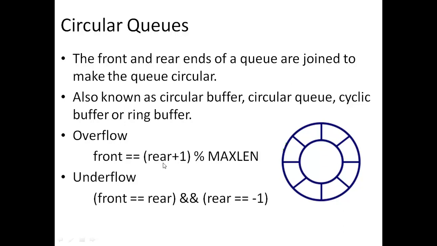For overflow, we are checking if front equals (rear plus 1) modulus maximum capacity of the queue, and for underflow we are checking that both the pointers, front and rear, are equal to -1.